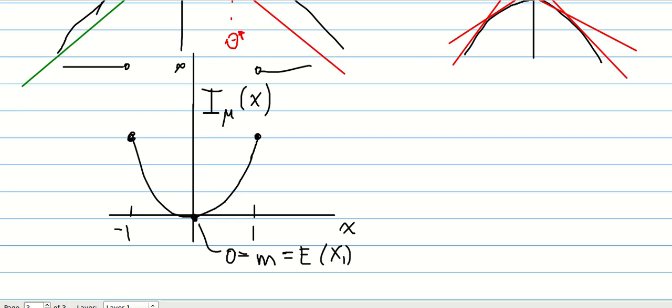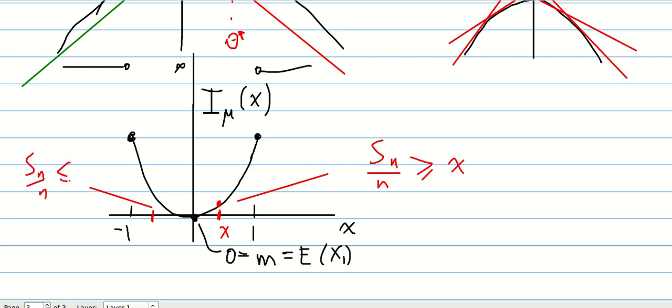So when we are trying to see the probability that the average S n over n is larger or equal to x, this is the exponential decay. When you're trying to see the probability that S n over n is smaller or equal to some other x here, this is the exponential decay. So you can see exactly what the exponential decay is by looking at this picture.